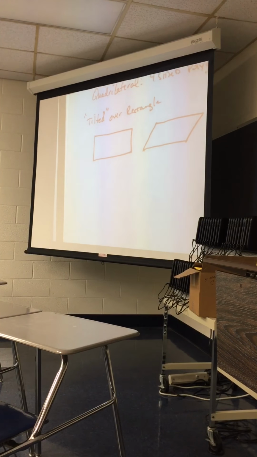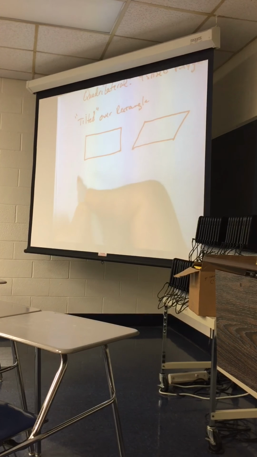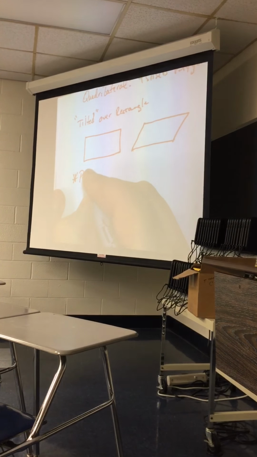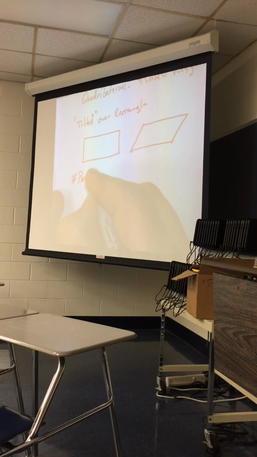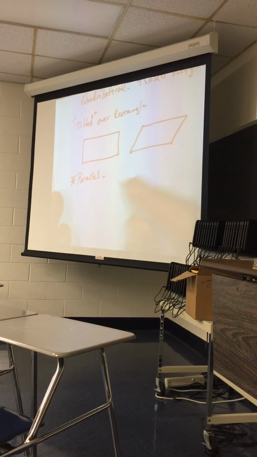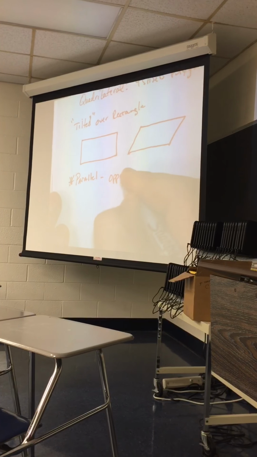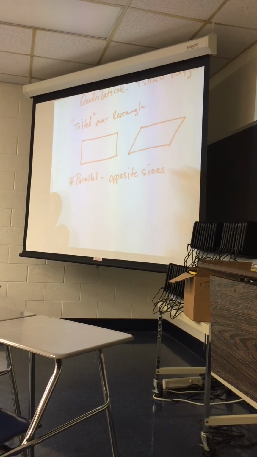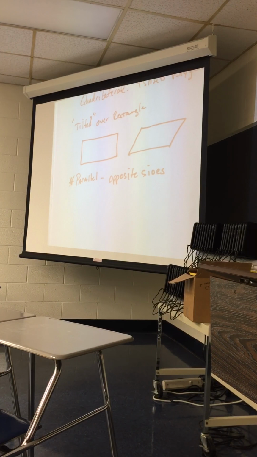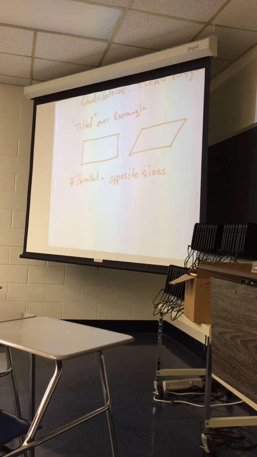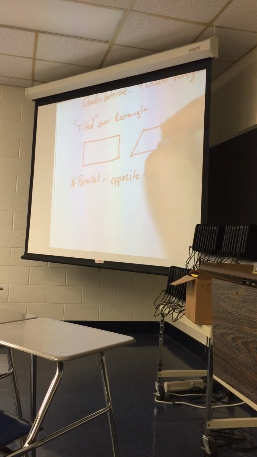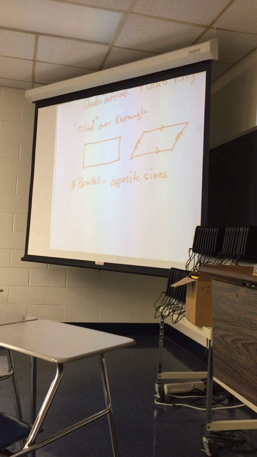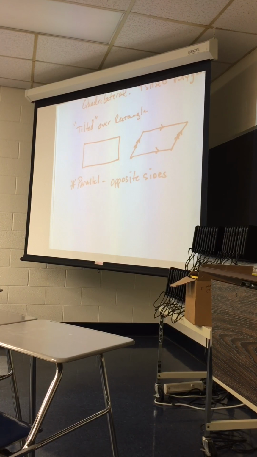Now, some qualities of a parallelogram. Let's start with the first obvious one. Opposite sides are parallel. So if I'm going to give it the right little denotions, that's what that looks like.